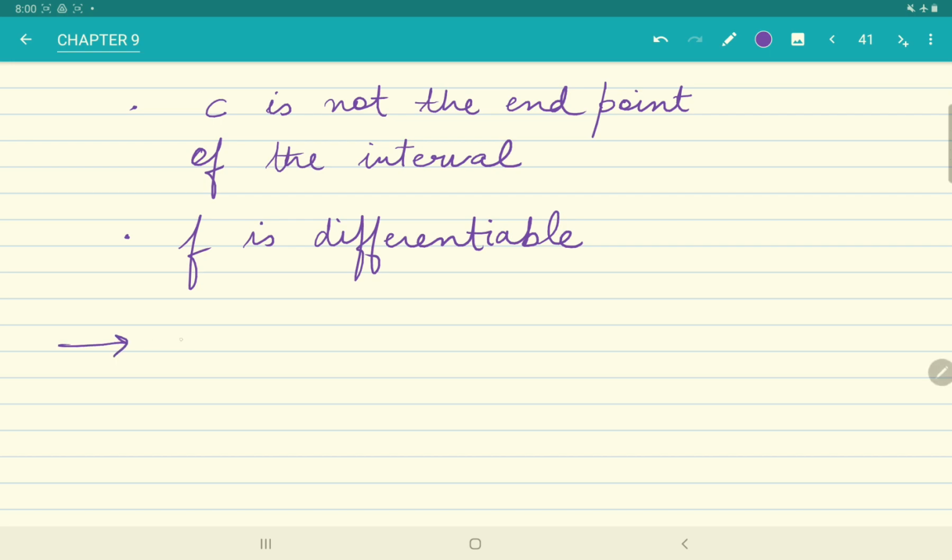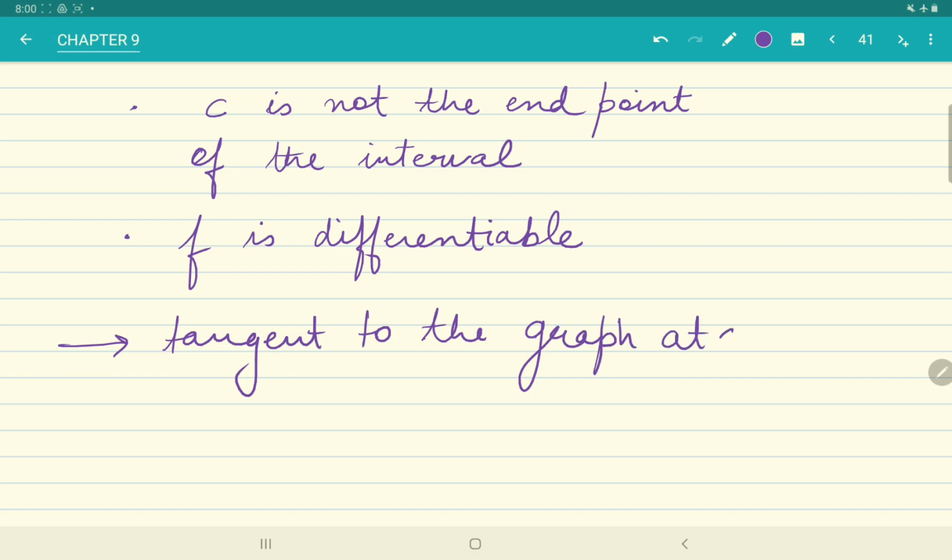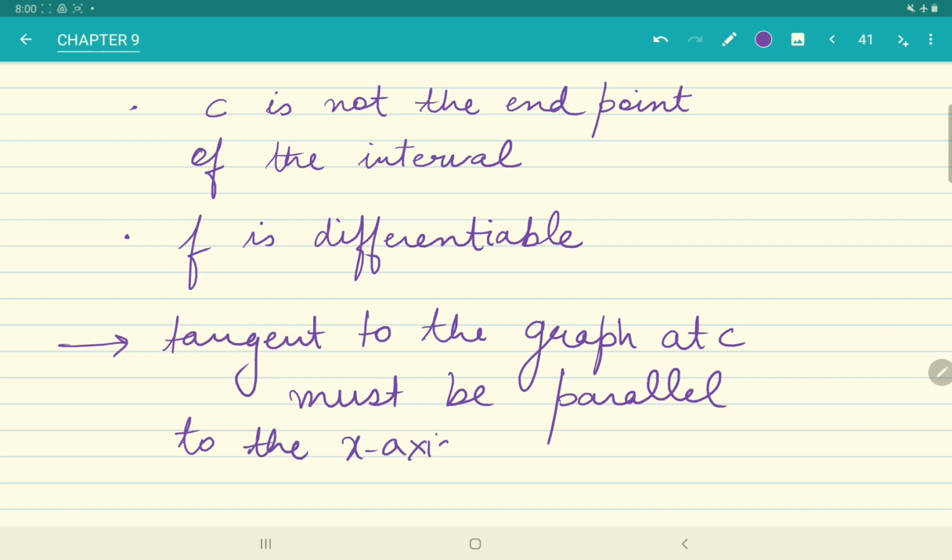So in this case we can say that the tangent to the graph at C must be parallel to the x-axis. And in other words, we can say that this C is a stationary point because the tangent to the graph at C is parallel to the x-axis, or in other words, f prime C is equal to 0.